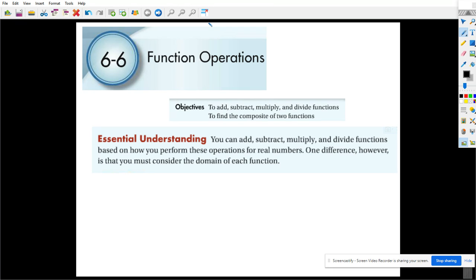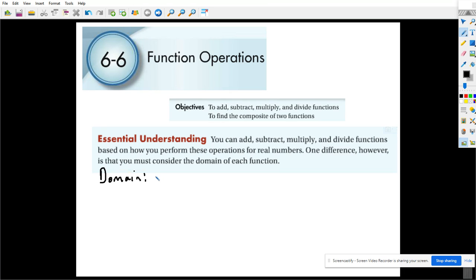What I want to talk about, though, is the domain. Okay. And for the problems that we have worked with so far, linear, quadratics, rationals, radicals, only two of those really have a domain we have to worry about.